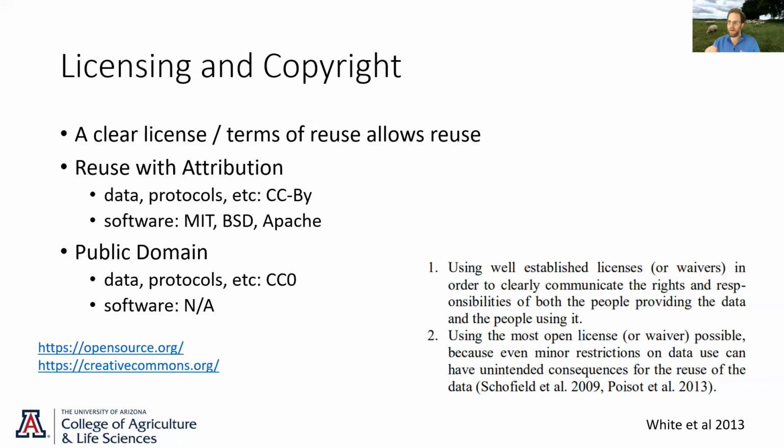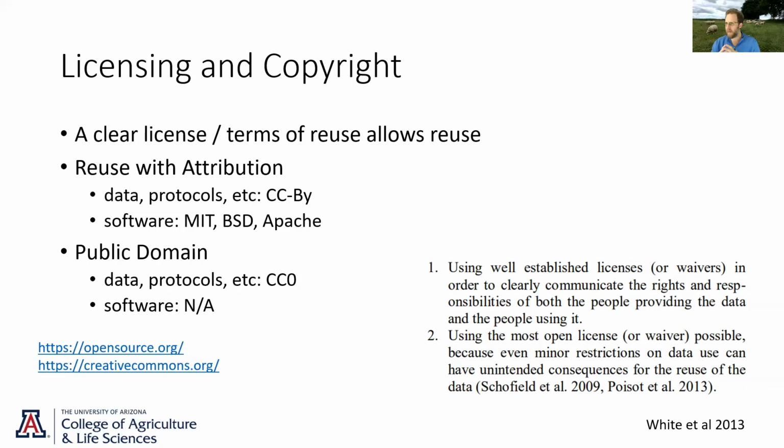It's very common for people to allow reuse with attribution. So for most materials other than software, that would be Creative Commons CC BY 4.0, which is essentially saying anybody can reuse it as long as they say where it came from.